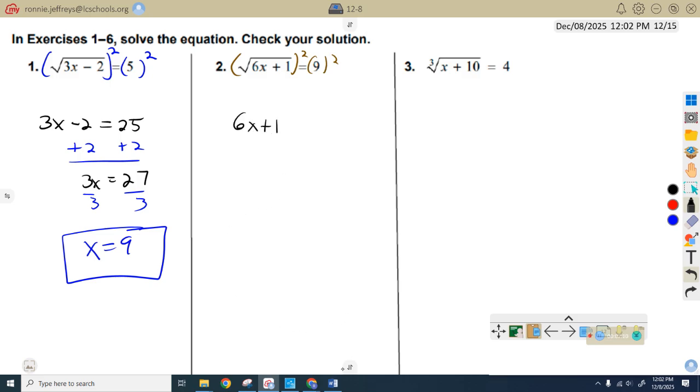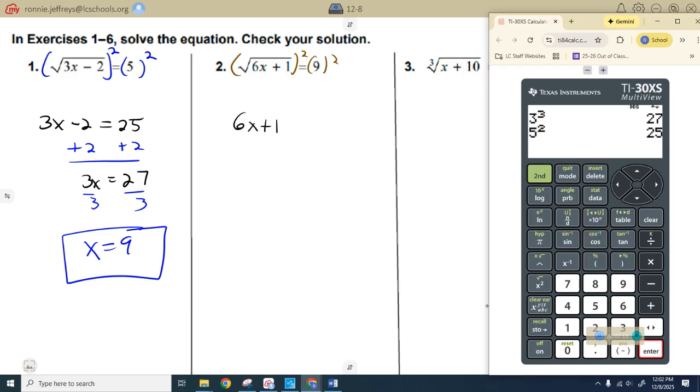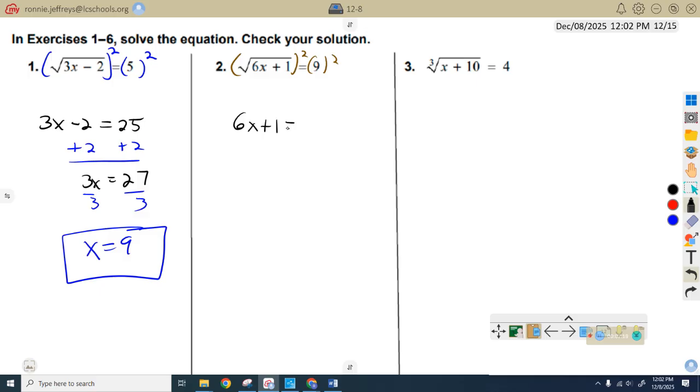Now, 9 squared. Well, some people may not know that off the top of their head. 81. Wow, that person did. So 80 divided by 6 doesn't come out even.